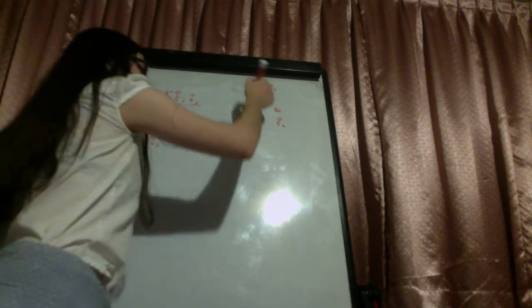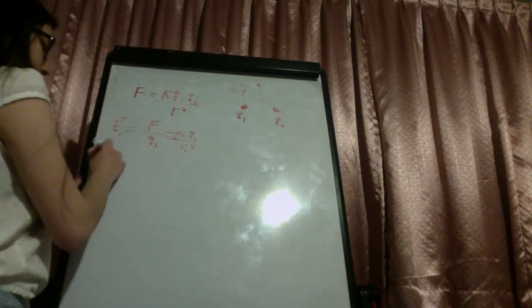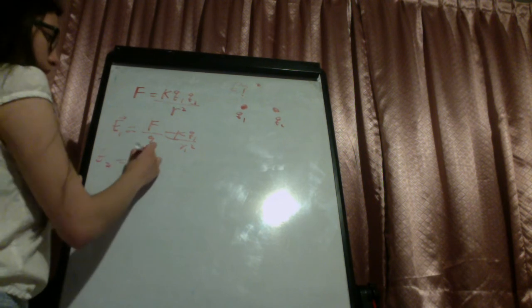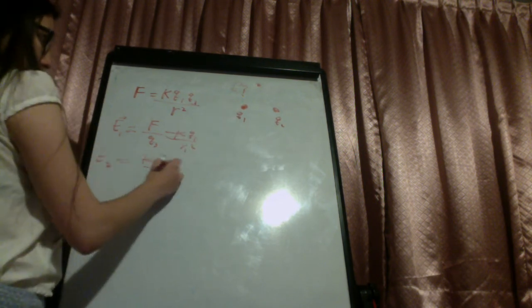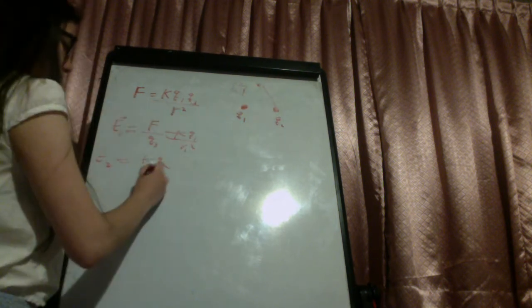The electric field at this point due to charge 2. So actually we don't need this Q3 anyway. It would be just K times Q2 divided by R2 squared.